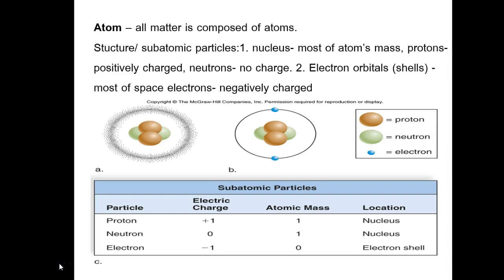So proton, +1 charge, neutron no charge, electron negative charge. Proton has mass, neutron has mass, electron no perceivable mass. And then it shows you where you find them there. So that's kind of a nice little chart there.